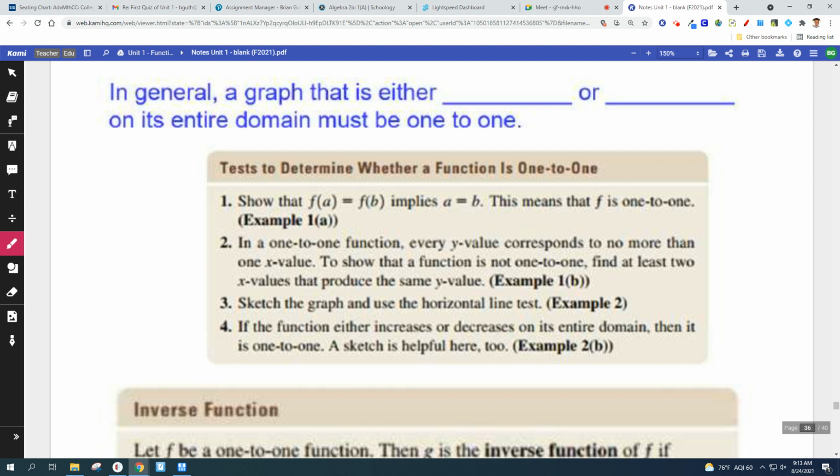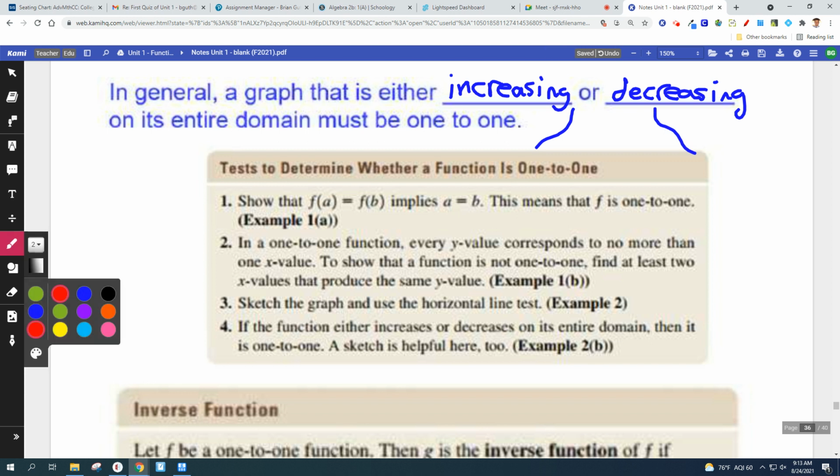In general, a graph that is either increasing or decreasing on its entire domain must be one-to-one. All right, one-to-one. Think about that horizontal line test. If it's increasing or if it's decreasing, it's going to pass that horizontal line test.